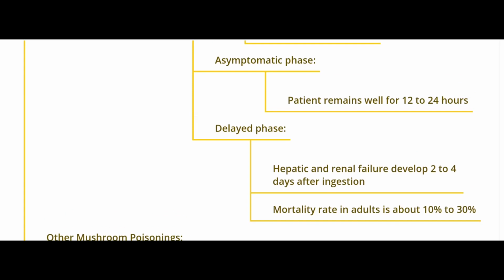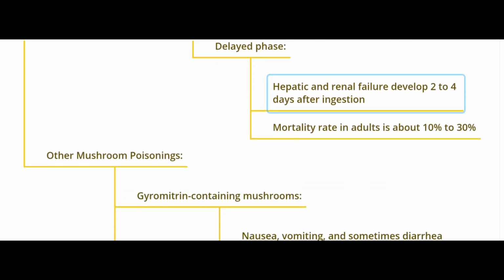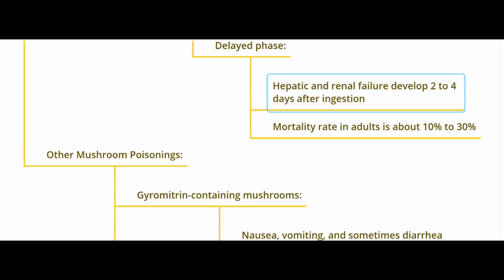It develops 2 to 4 days later with the absorption from the intestine and the accumulation of these toxins inside the respective organs, which are the filtration organ and the detoxification organ, the liver and the kidneys.